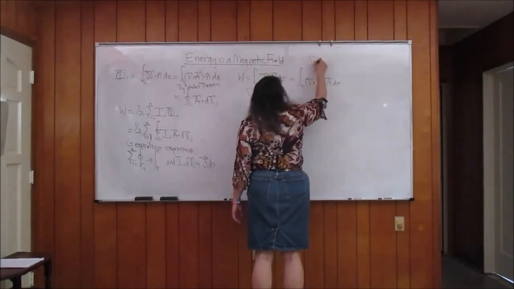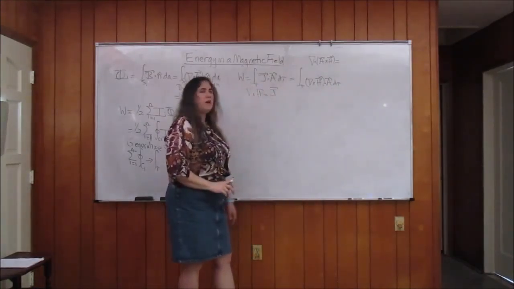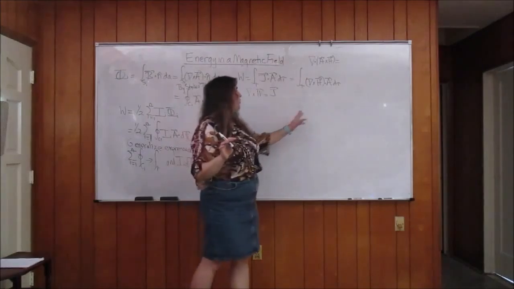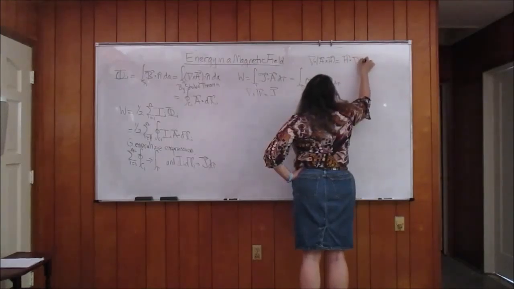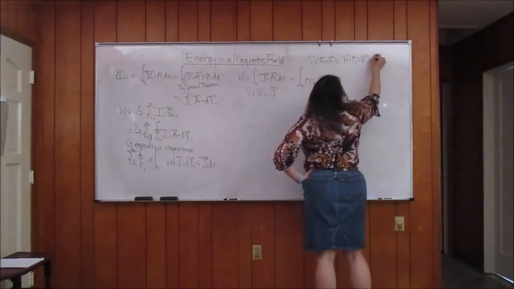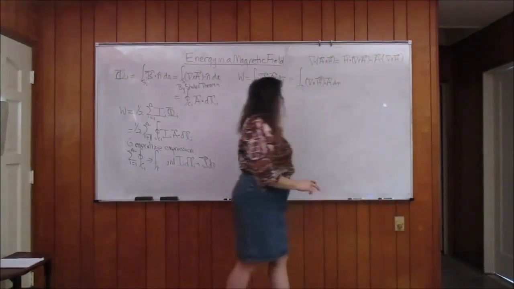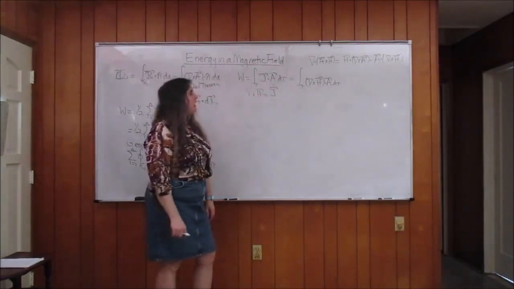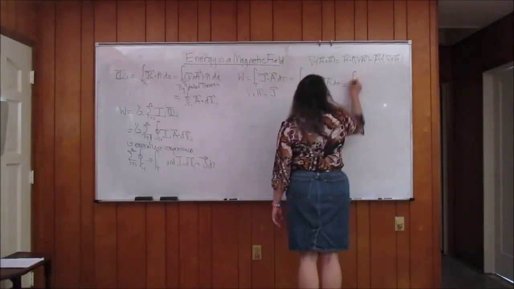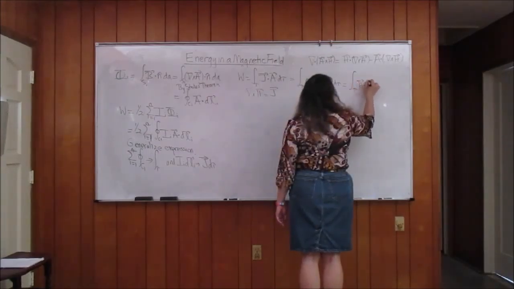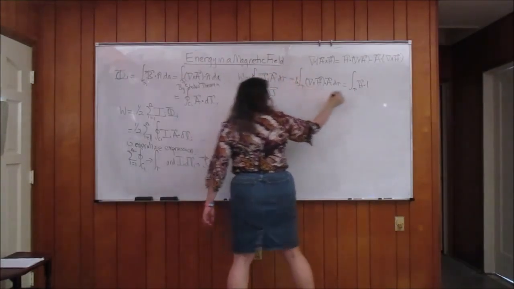So recall that the divergence of the cross product of two vectors, regardless of what the vectors are, is equal to the difference of H dotted into the curl of A and A dotted into the curl of H. Leave the halves out front.